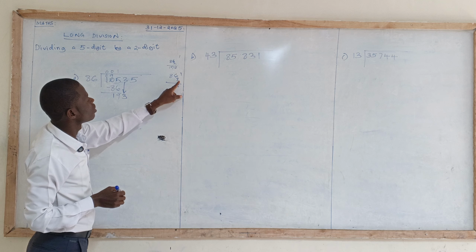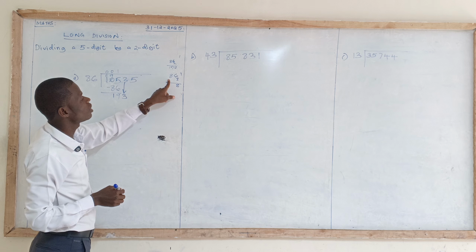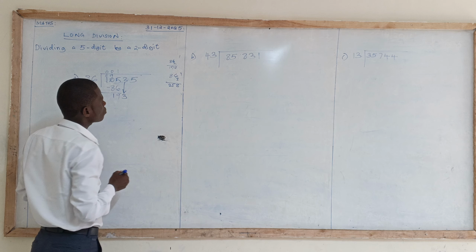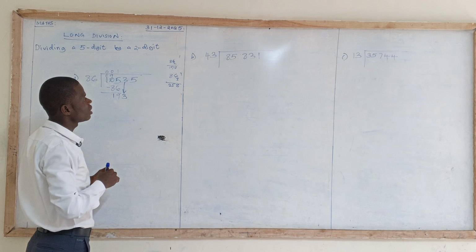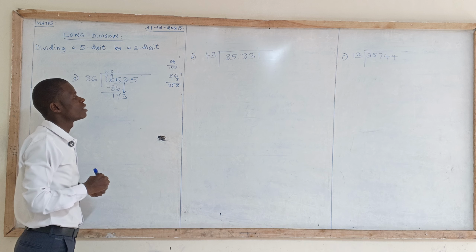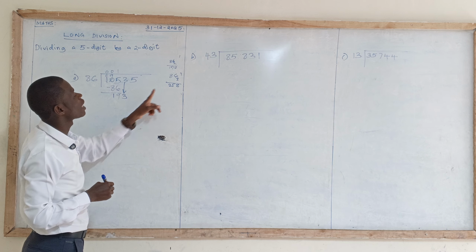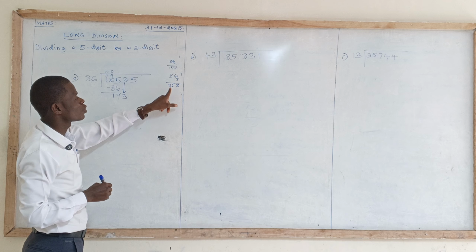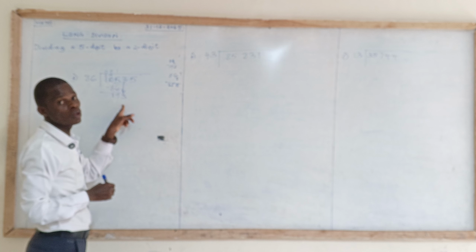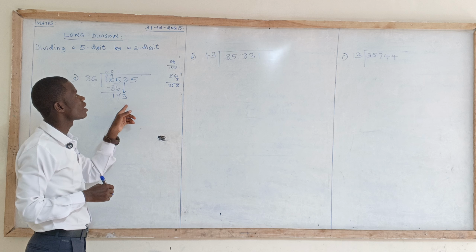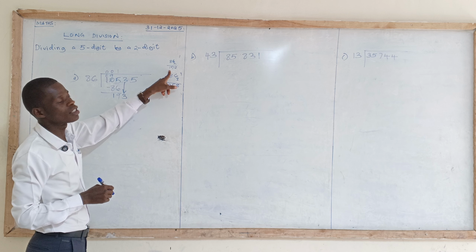Carry 1. 3 times 8 is 24, plus 1, that's now 25. 86 times 3, that's now 258. But here we have 193. So it cannot divide it 3 times because 258 is greater than 193. We take the multiple that is very close but less than 193. Which multiple is that? 172.